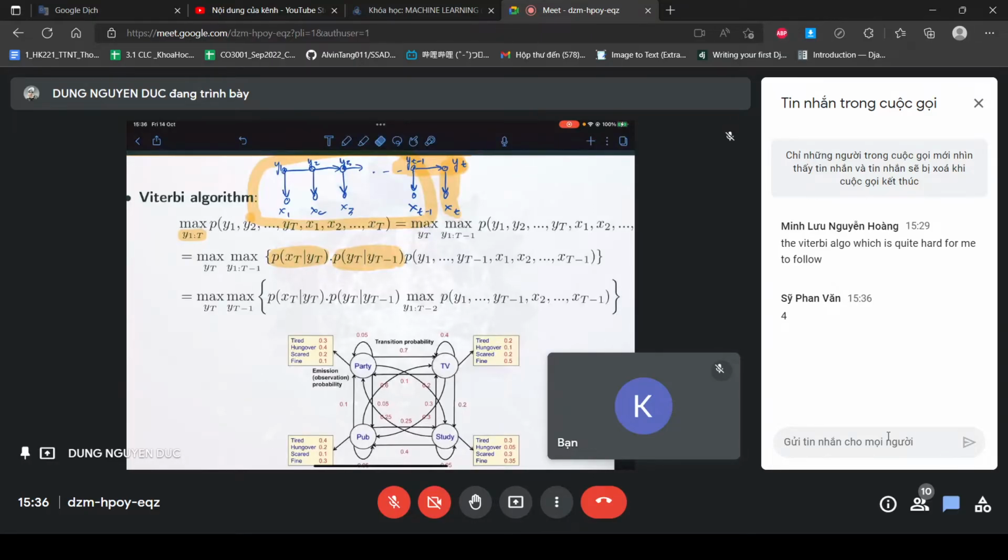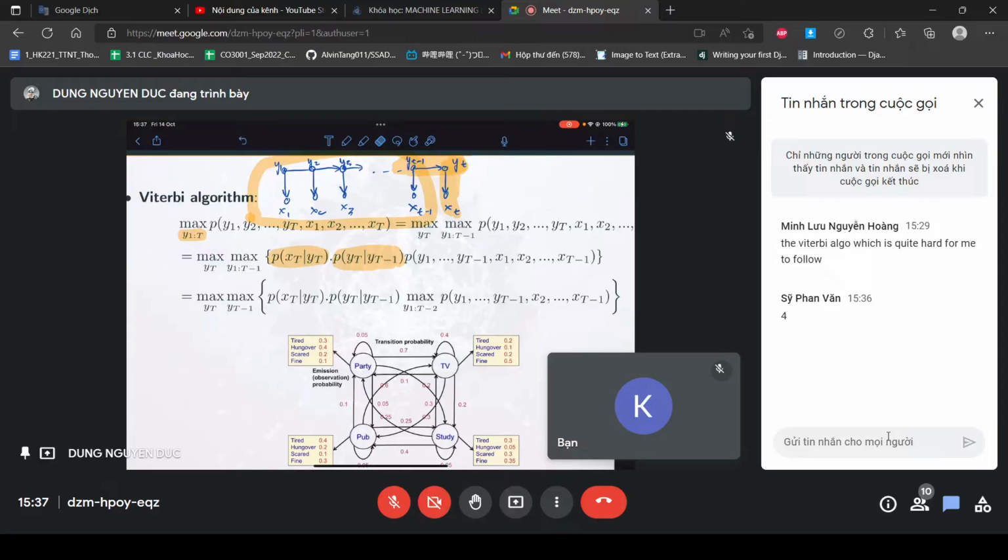So you have four chains to go from yt minus 1 to yt, and yt has four states also. And that is why in the sheet you have to calculate four probabilities.